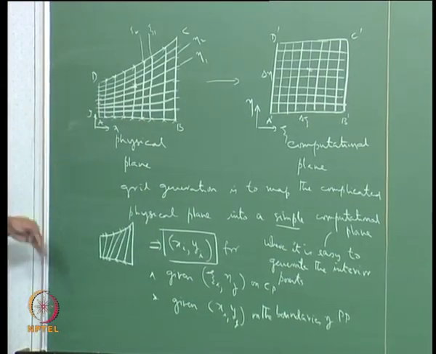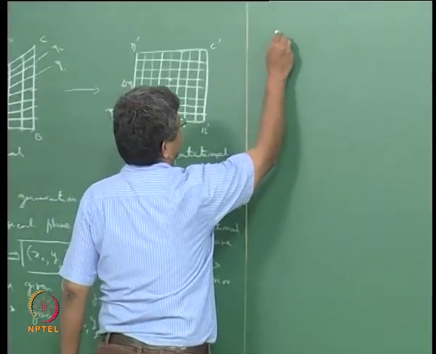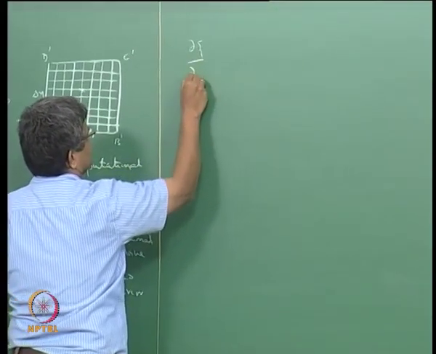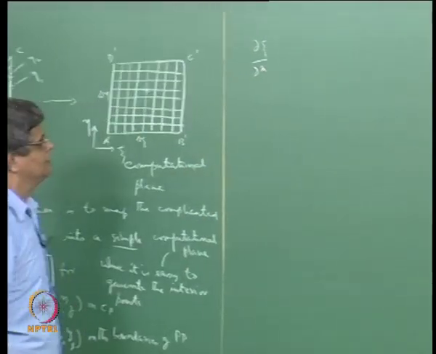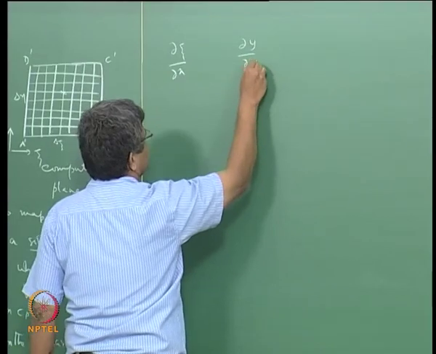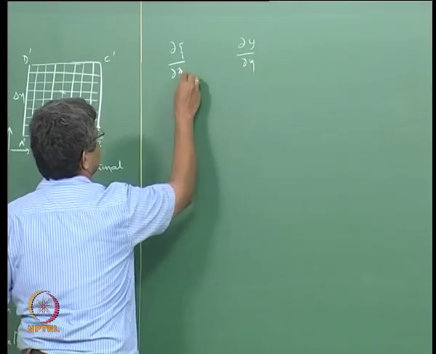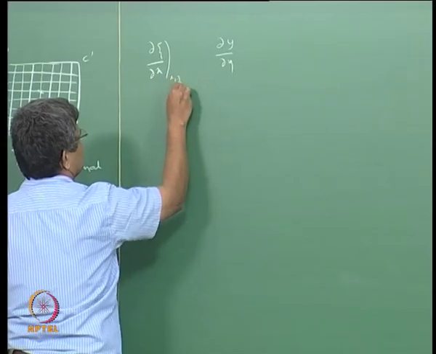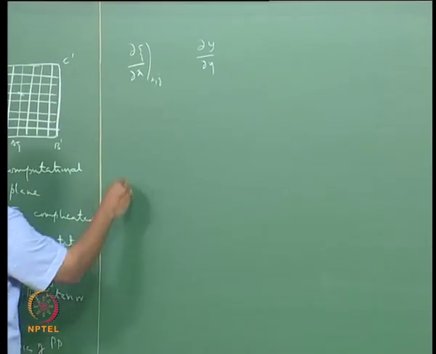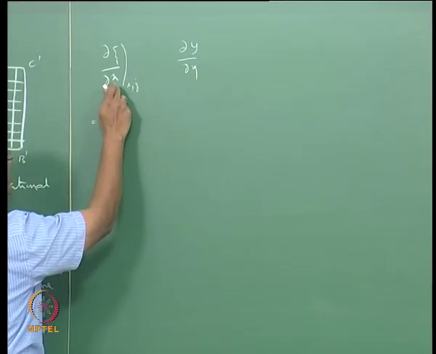Once we have this, then the metrics can be evaluated, because metrics typically are like dou xi by dou x, or if you look at the inverse, dou y by dou eta. So, we can write this at a particular point ij. This is variation in the x direction.